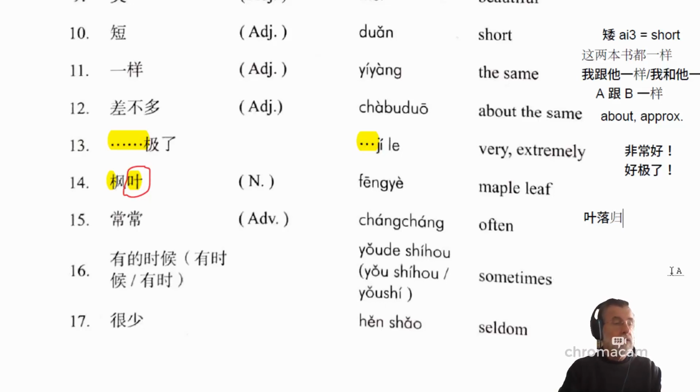叶落归根. And what it means is literally the leaf returns to the roots of a tree. So when the leaf falls, it falls down onto the roots of the tree.